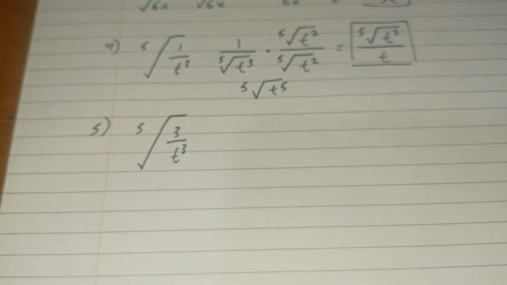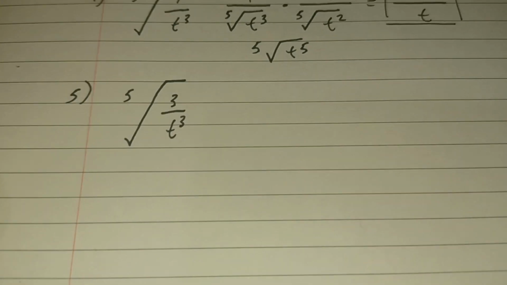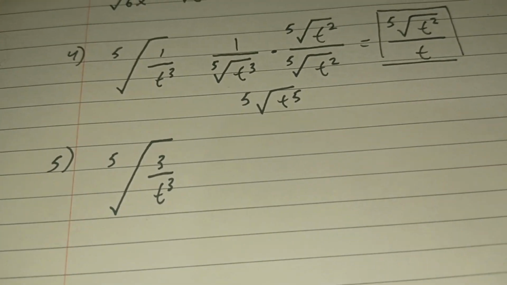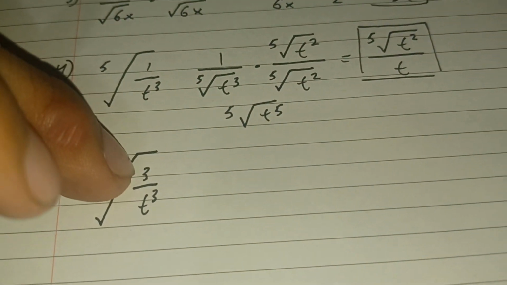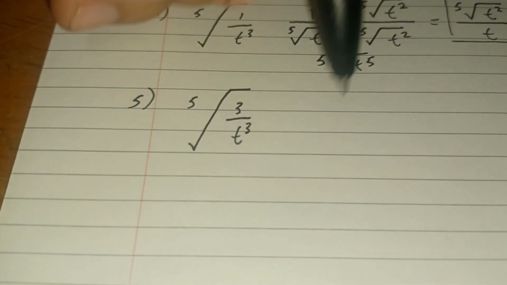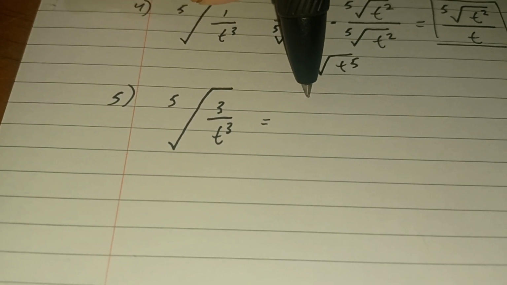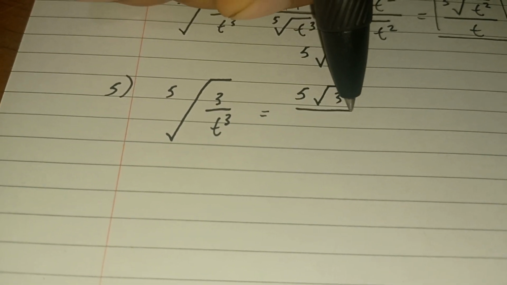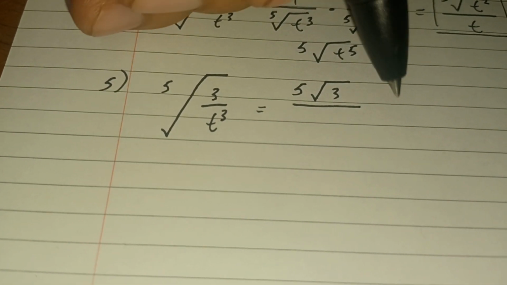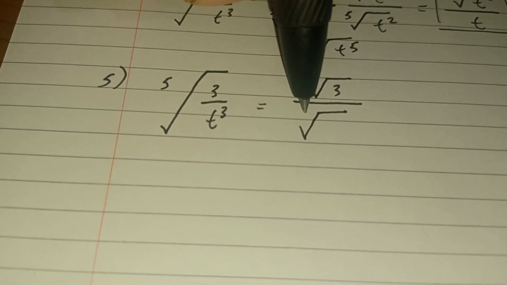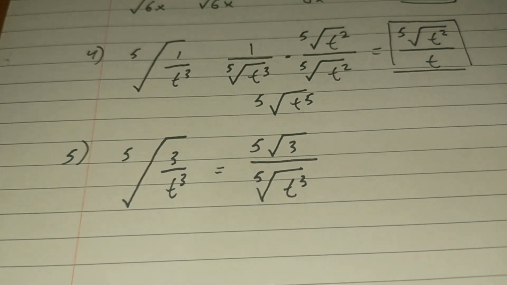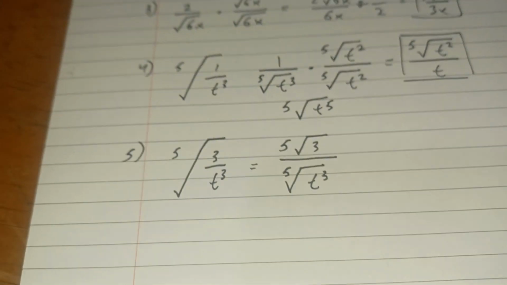Cool. Now we have number 5. Basically the same concept as this one. We're just going to do it over again. Just this time we have a 3 instead of a 1. So we can rewrite this as the fifth root of 3 over the fifth root of t to the third power.